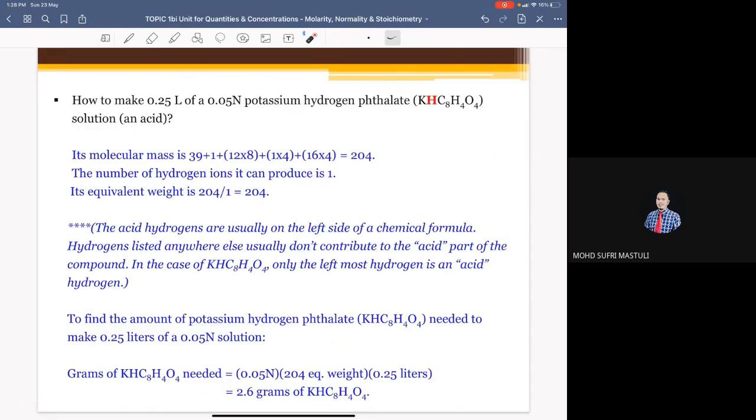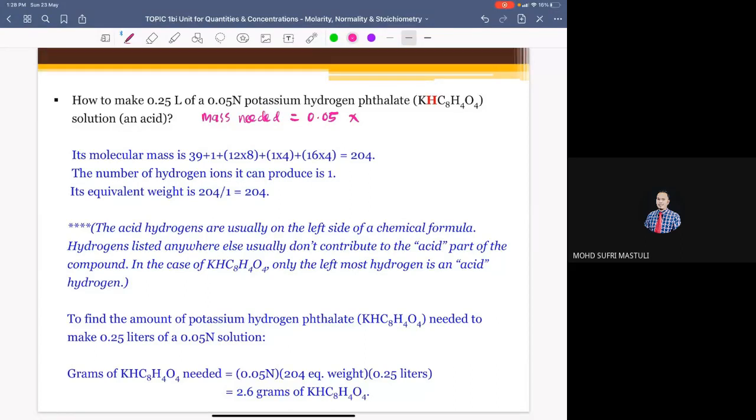So this is another example: how to make 0.25 liter of 0.05 normality potassium hydrogen phthalate solution. This is an acid solution. So the mass needed is normality 0.05 times equivalent weight.